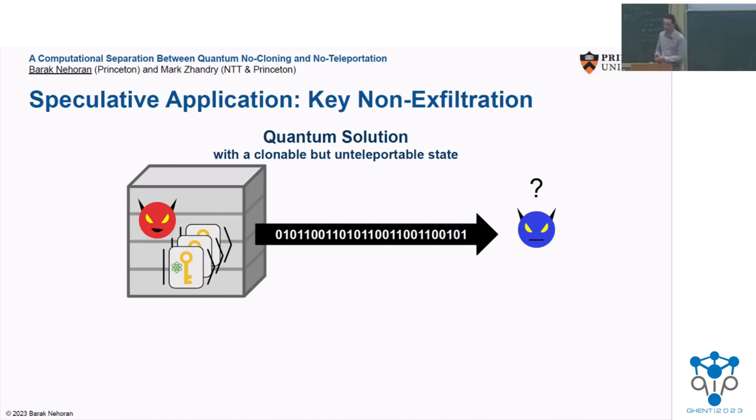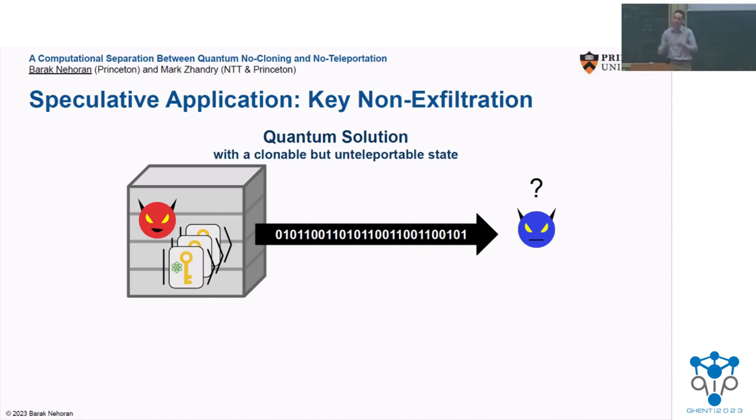Yeah, so of course, this is a good point that the separation that we show here is only a black box separation. It doesn't preclude the existence of non-black box reductions. But there is some sense in which cloning is not necessarily a classical operation, because you might think about ways in which, for example, there's a quantum state that is sort of divided among the two copies, right?